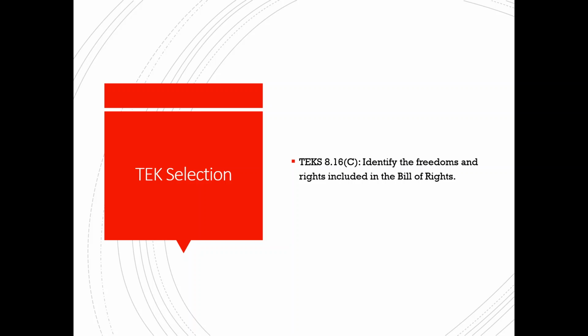It is also a very clear and measurable TEK, which is partially why I chose this one. Students either can or cannot identify which amendment is being applied. And again, this just makes it ideal for showing the alignment between the TEKS, the assessment, and the learning activities.